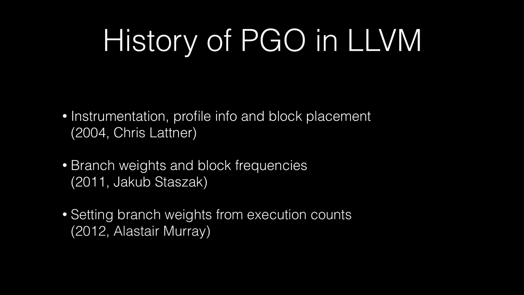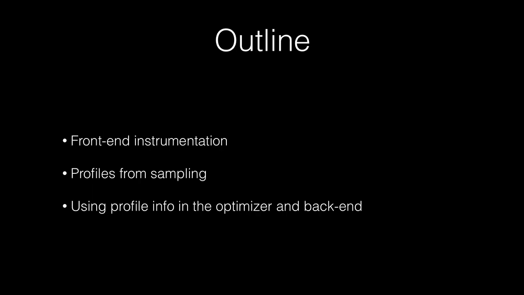And then just last summer, Alistair Murray did a summer project where he used the old instrumentation code to feed back in and add the branch weight metadata and drive all these optimizations. So at that point, we had a complete end-to-end PGO build flow. But it wasn't productized, and it was certainly not easy to use. So that brings us to today.